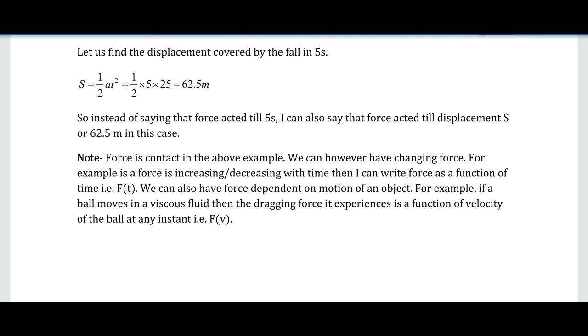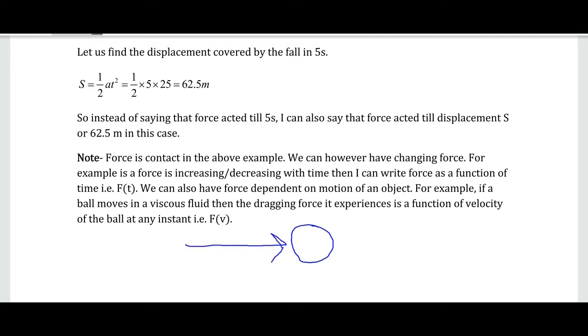Okay, so imagine I have a ball, and I put a force, and let that force be a function of time. So what would happen if the force is a function of time?